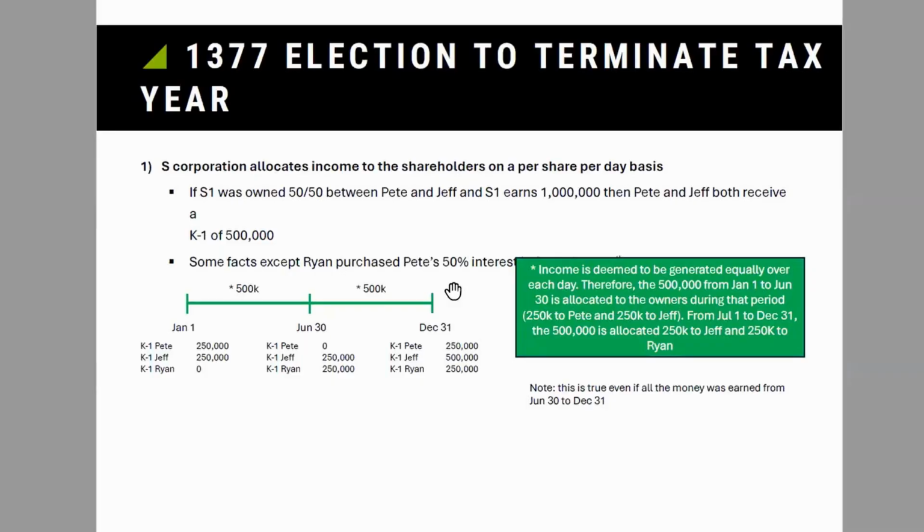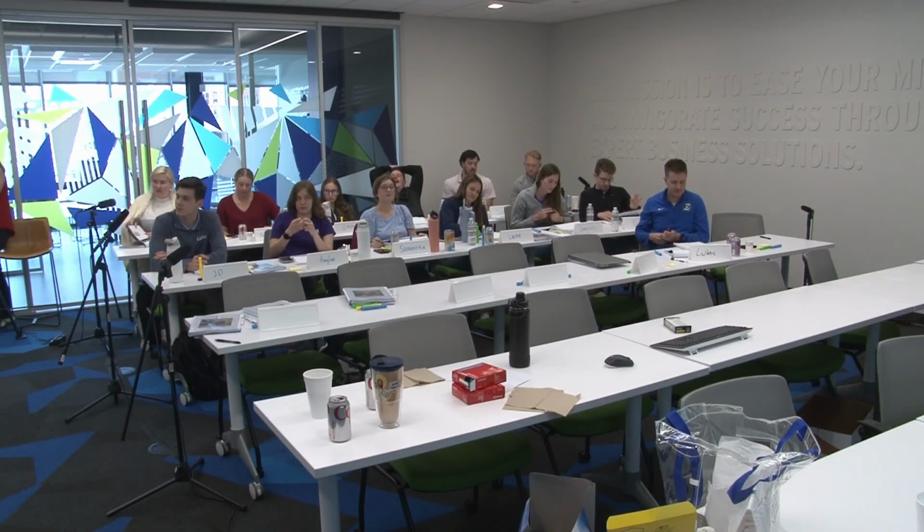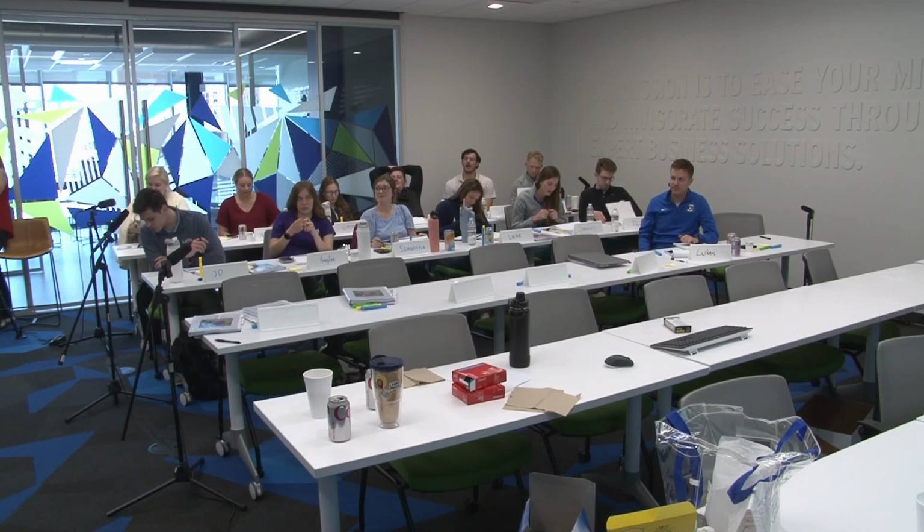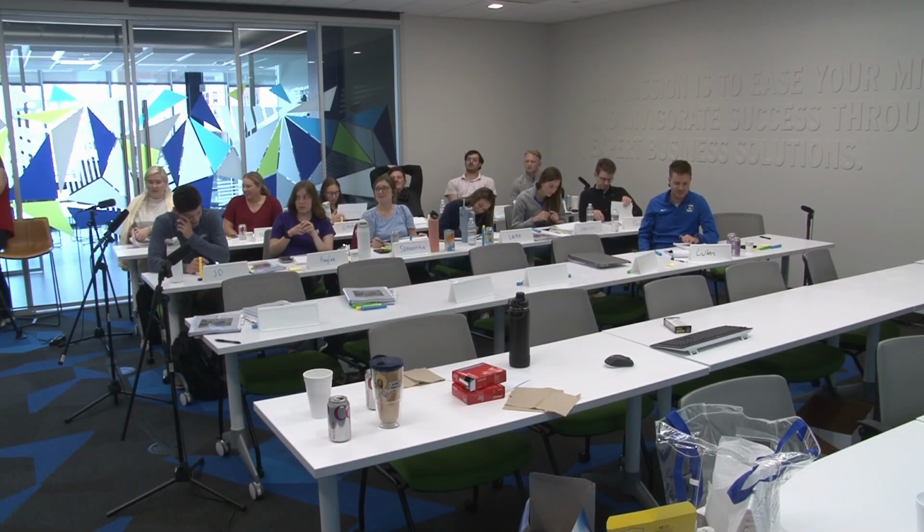1377 election. We've covered this already on some level. All right, so stupid question. Have we covered this enough that we can leave? Jameson can tell you. Are we going to be able to get through the whole other book tomorrow?